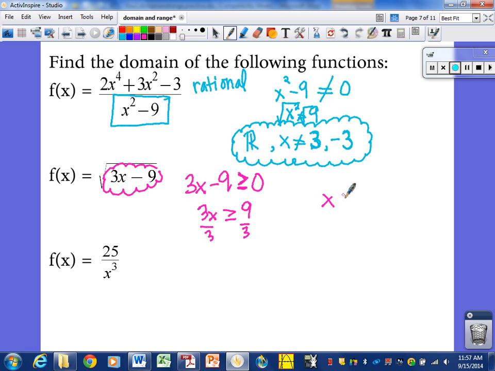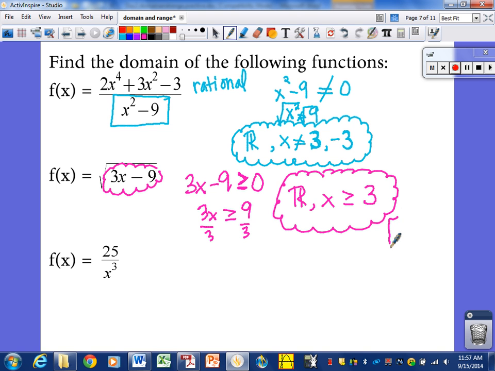So x must be bigger than or equal to positive 3. Okay, so any number, as long as it is bigger than positive 3 or equal to. Sometimes you don't even have to write the all reals in there, just write that x has to be bigger than positive 3. I will understand.